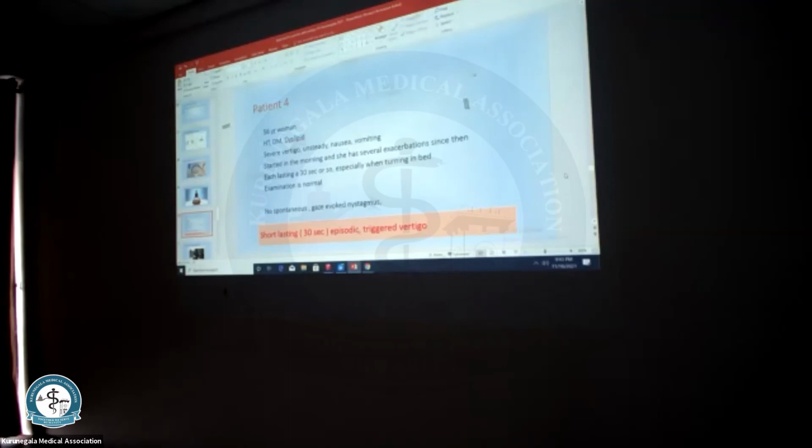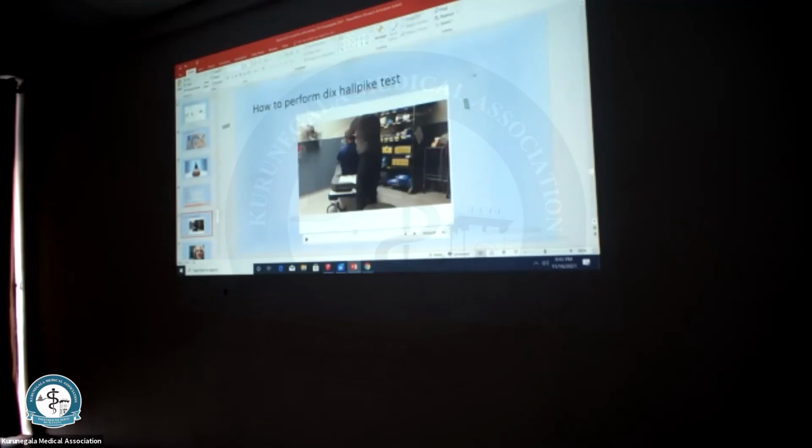But unfortunately, our patients are not that descriptive and they don't tell us it's a 30-second vertigo that worsens with turning the head. But if you ask often, they are able to elaborate. So this is the Dix-Hallpike test. If a patient comes with short-lasting vertigo on turning in bed or bending forward, this is the test we do.